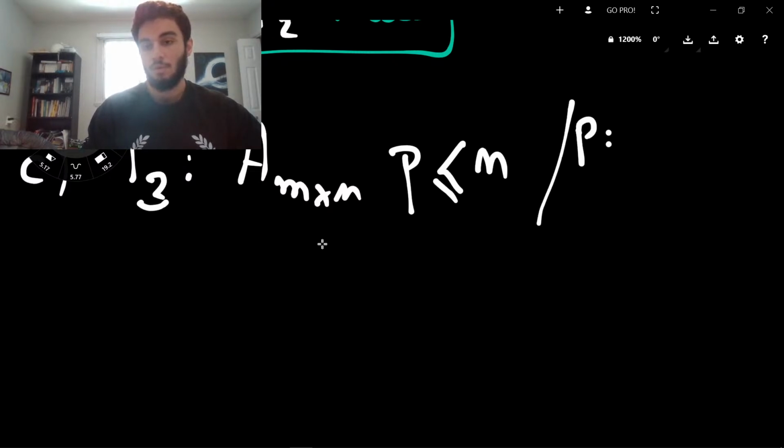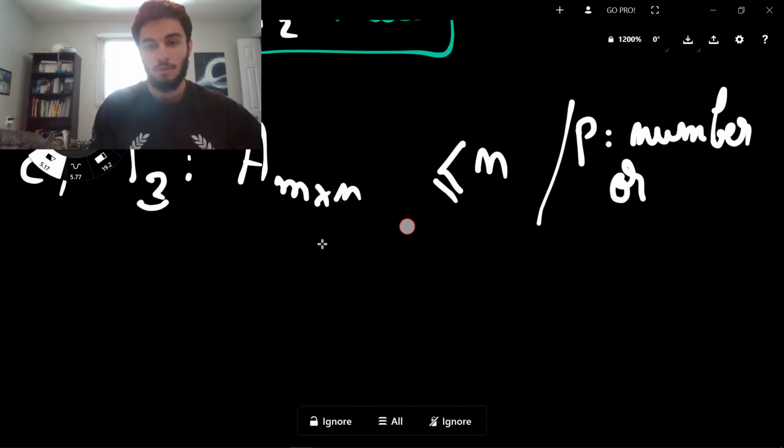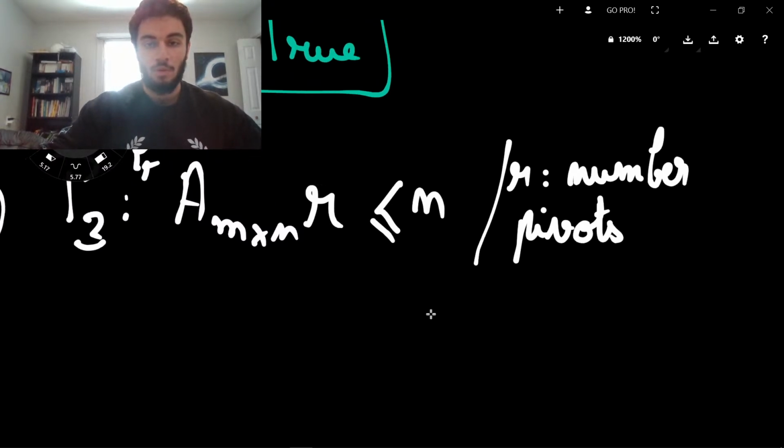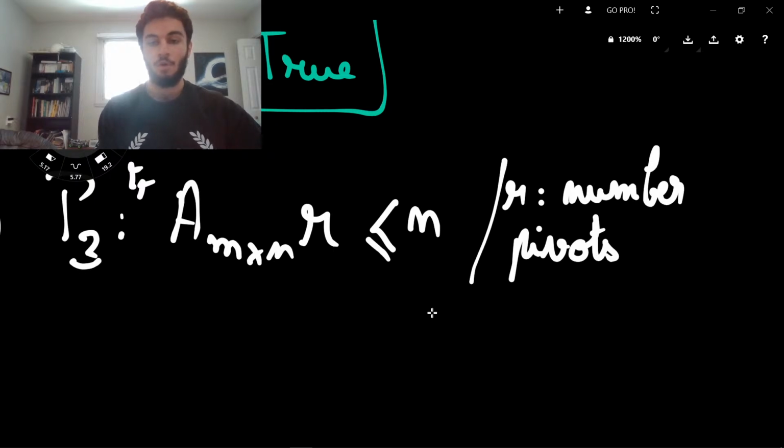So P is the number of, oh, I'm gonna call it R because it's basically the rank. We'll see this later, but let's say R is the number of pivots, and well, for A m by n with R smaller than n.